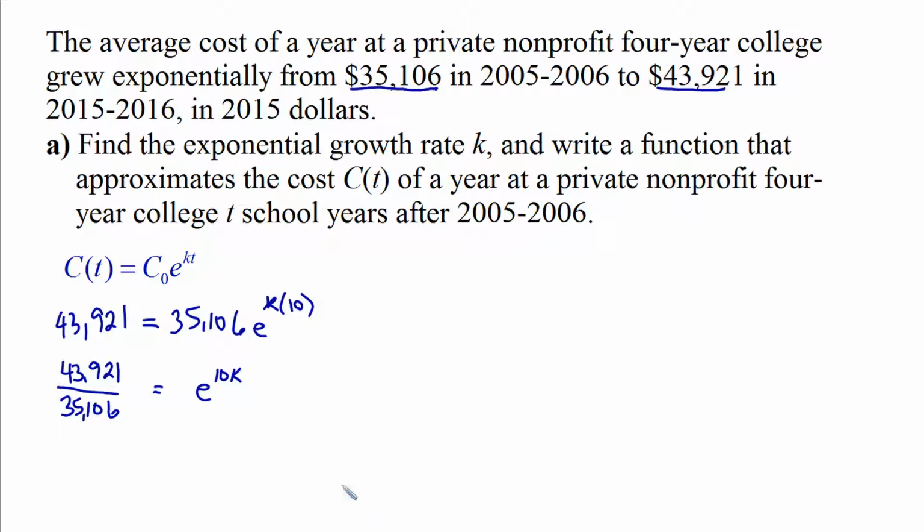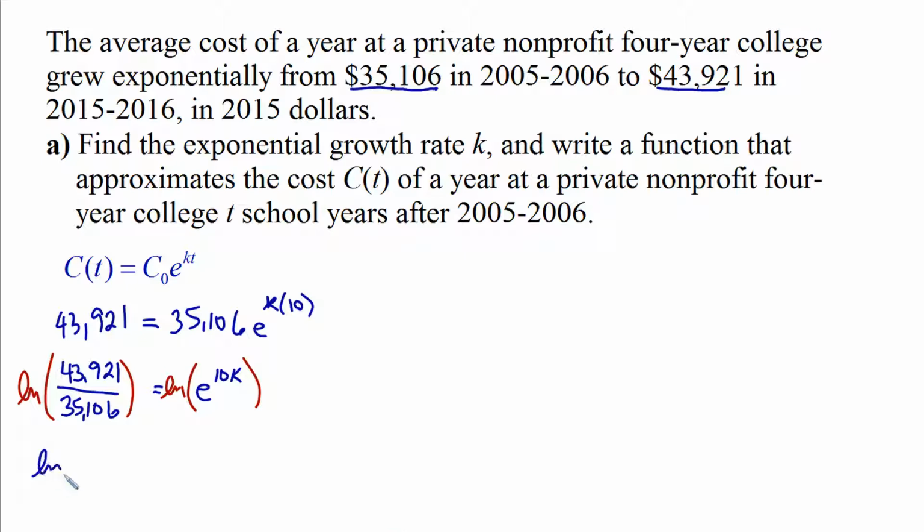Next, we need to take the natural log of both sides. So we have the natural log of 43,921 over 35,106 is equal to the natural log of e to the 10k.